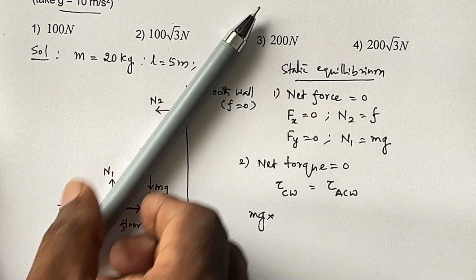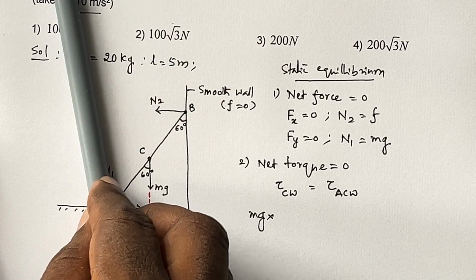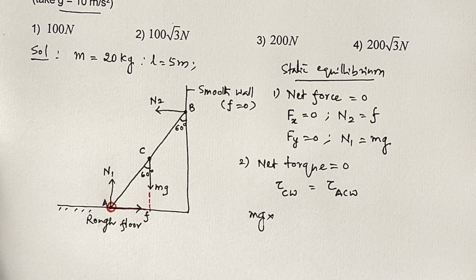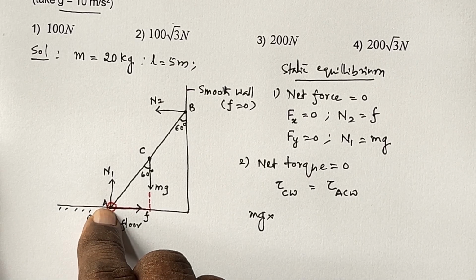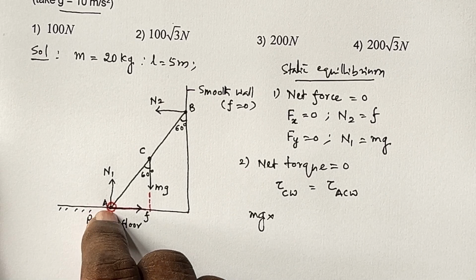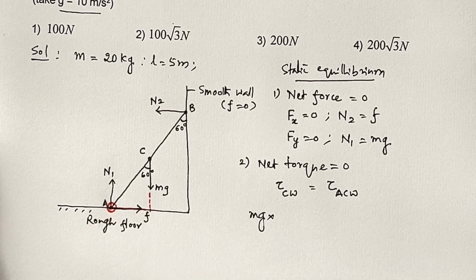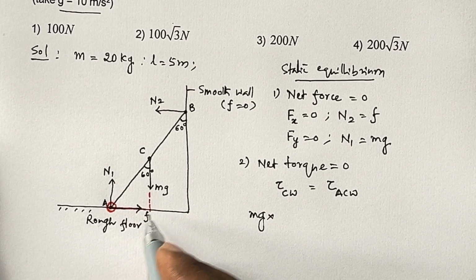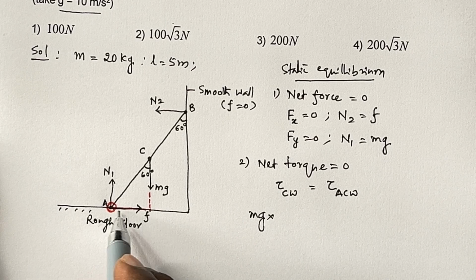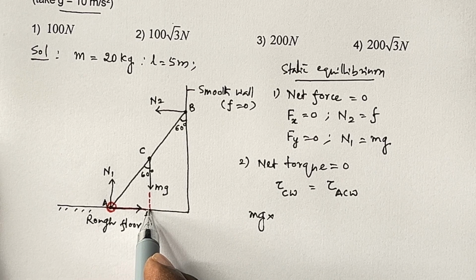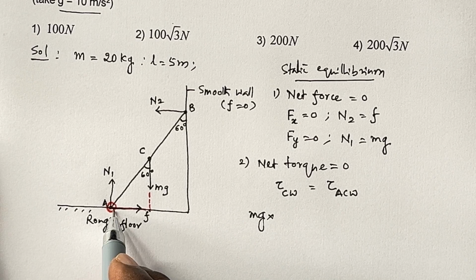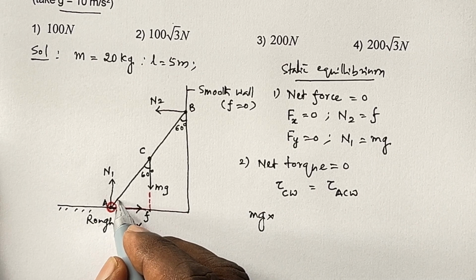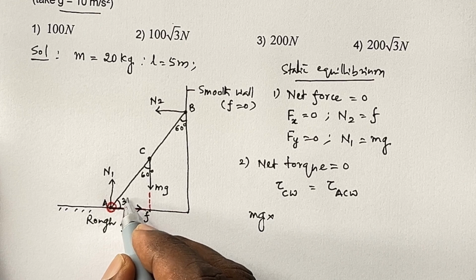See, the rod we placed on the wall like this. So this is the axis of rotation. At the axis of rotation, torque is always 0. The distances must be calculated from the axis of rotation. So see, the force mg into the perpendicular distance from the force to the axis of rotation. See this distance AF. If this angle is 60 degrees, this is 30 degrees.